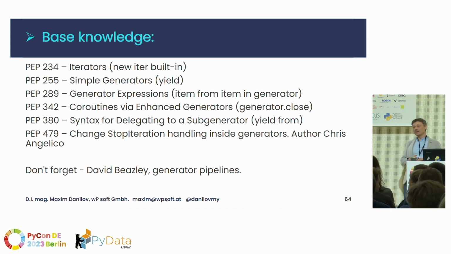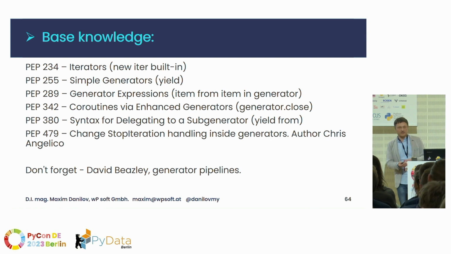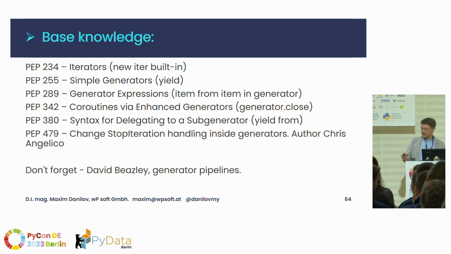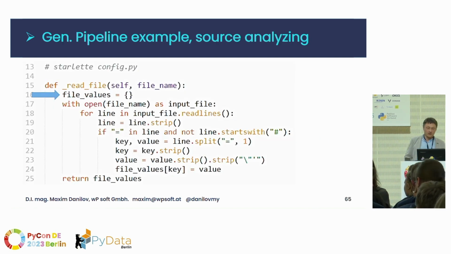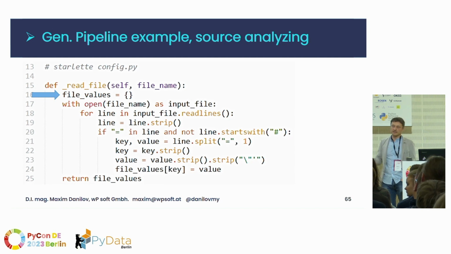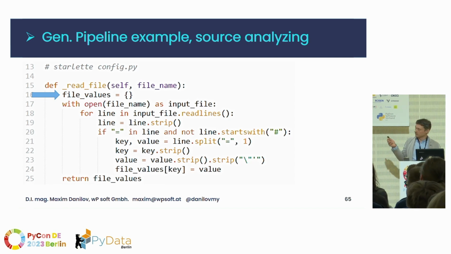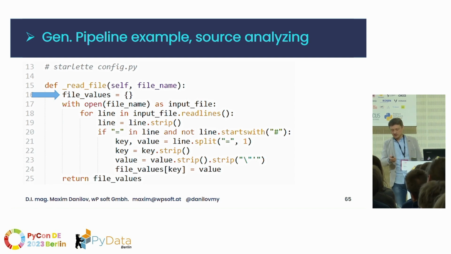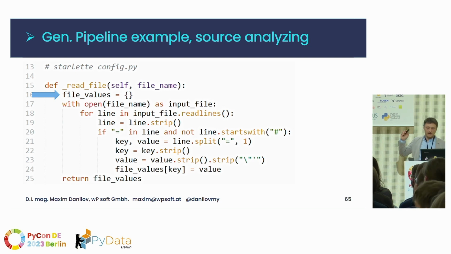Okay, don't forget, in our regular life we can use Dave Beazley's idea of generator pipelines. For example, this example from Starlette, in config.py we read a file, and if I meet a dictionary declaration every time, I understand that somewhere there I can use a generator pipeline.